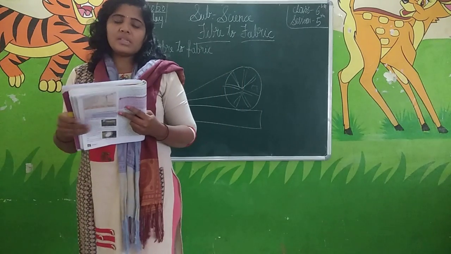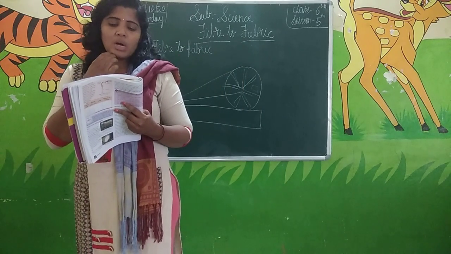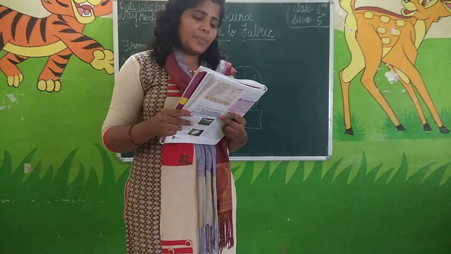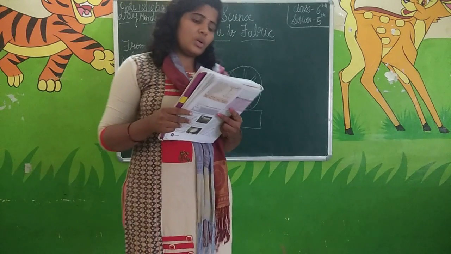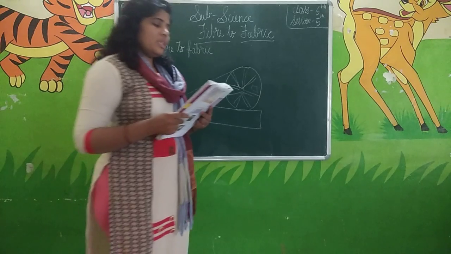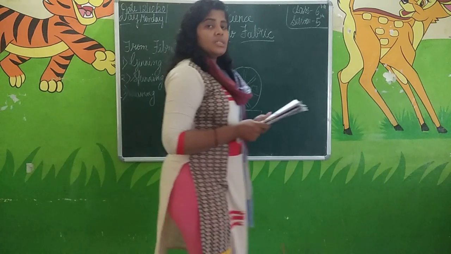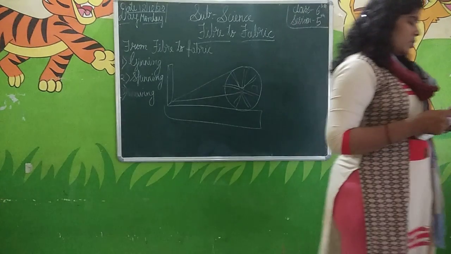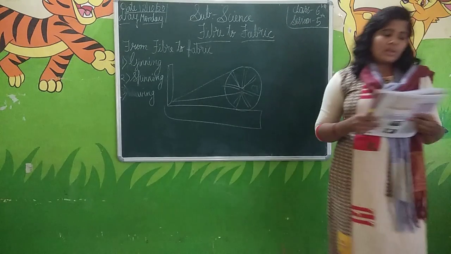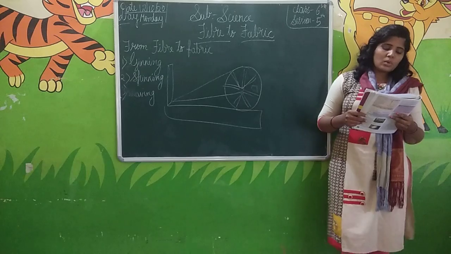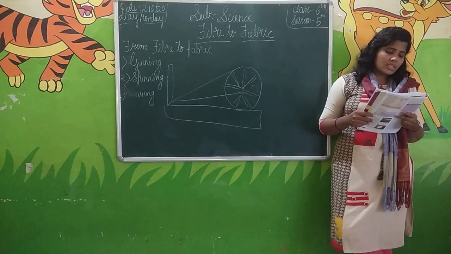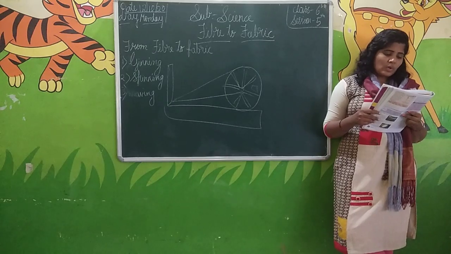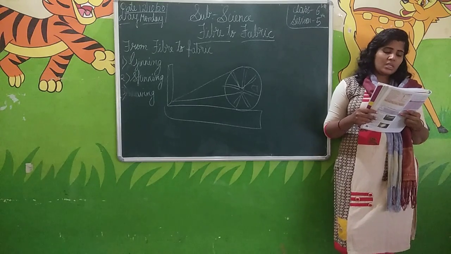In India, the use of cotton spread around 3000 BCE. In China, silkworms were domesticated to produce silk fiber, also around 3000 BCE.